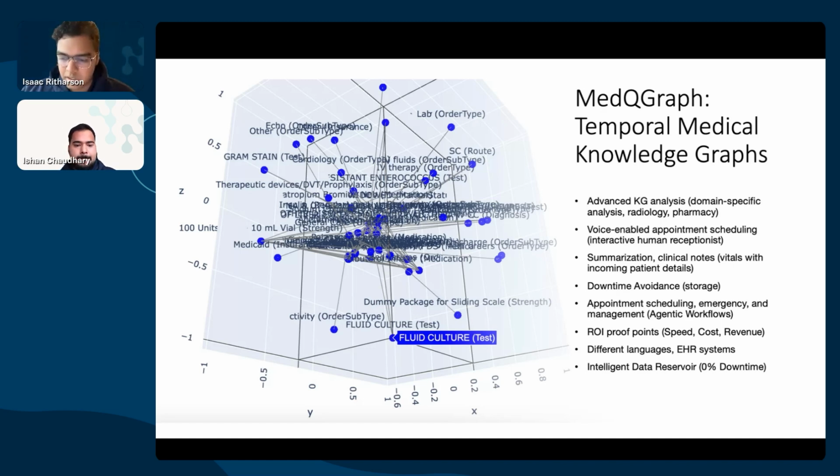So we developed MedQGraph with the temporal medical knowledge graph backbone that enables the analysis of electronic health records. For example, if you had to focus on one aspect of an electronic health record, be it radiology or pharmaceutical, we will be able to pick that one particular domain and analyze it and the data surrounding that aspect more. That is possible only because of the complex relationships that we were able to define in a knowledge graph.